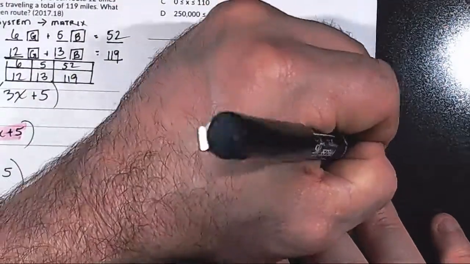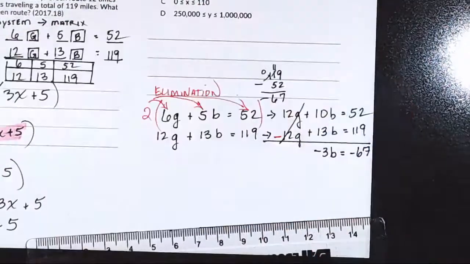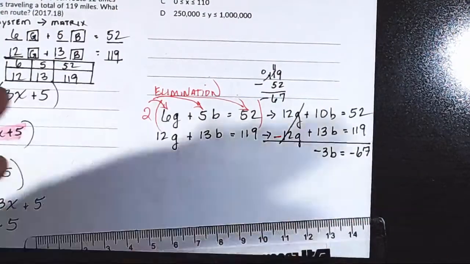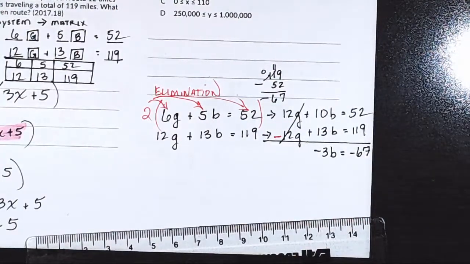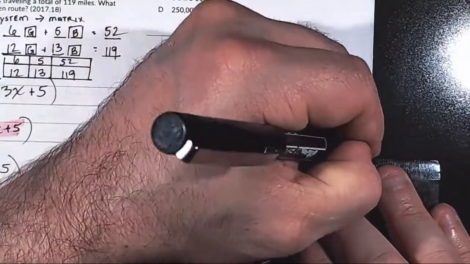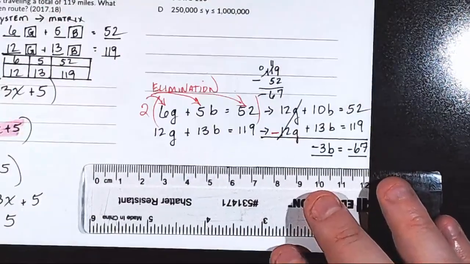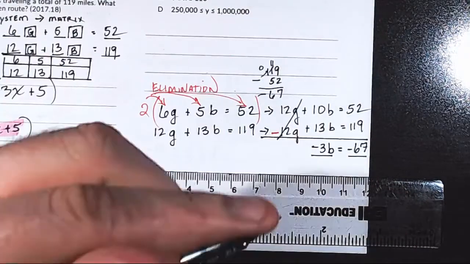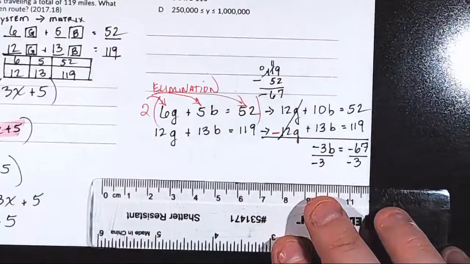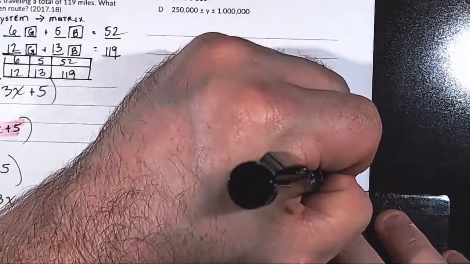So negative 67 equals negative 3B. So what is B? You have to solve for B by dividing both sides by negative 3. This is going to be the blue route answer.